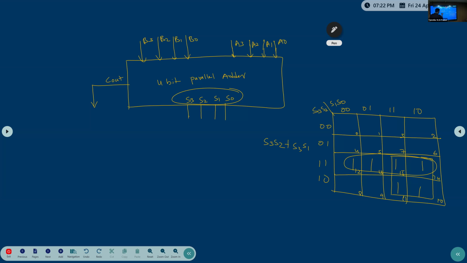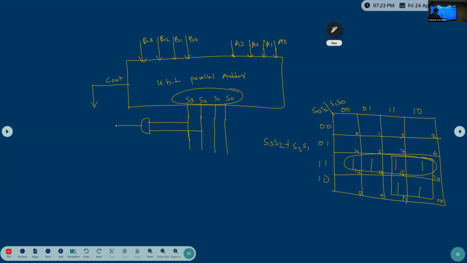So this equation, what do you need to do? You need to do it like this. S3 S2, S3 S1. Now see, this is the S3, then S2, which I need to conjugate.